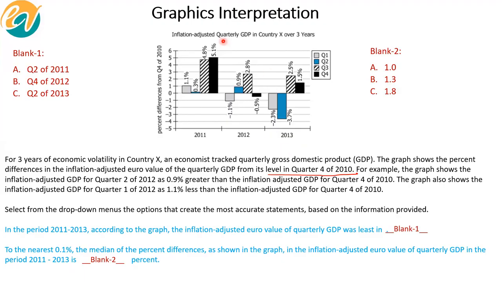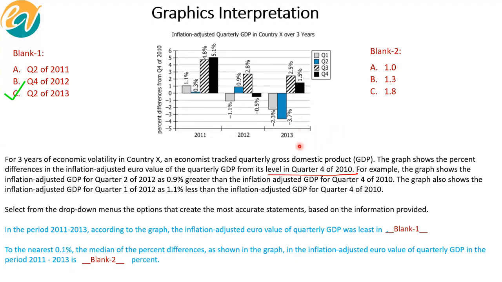So according to this graph now, when is the GDP the least? Quarter 2 of 2013. Very nice. And it's really as simple as that. Why? Maximum negative value, right?